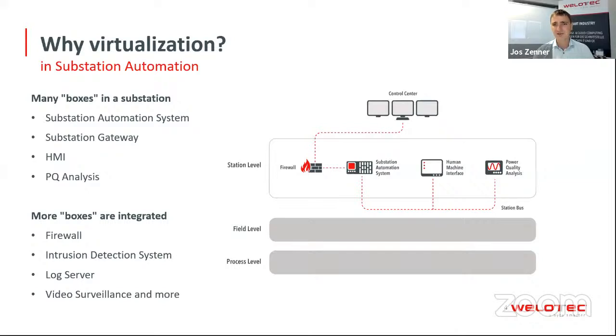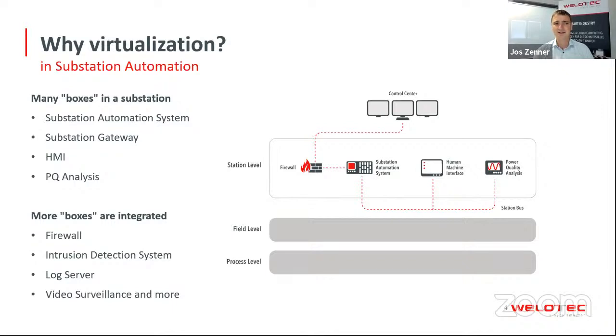If we are starting to virtualize, so this means bringing all those different appliances on one general multi-purpose computer hardware, like a standard computer or a standard server, you can reduce the number of devices that you have in a substation, and at the same time also the number of different types of hardware within a substation. So also hardware replacement and stock becomes much easier.